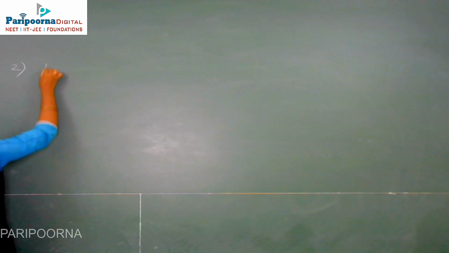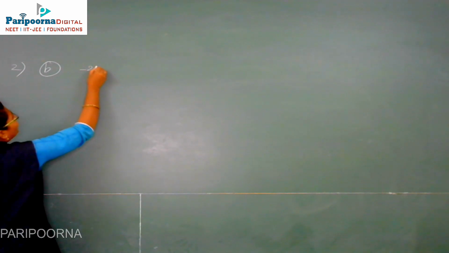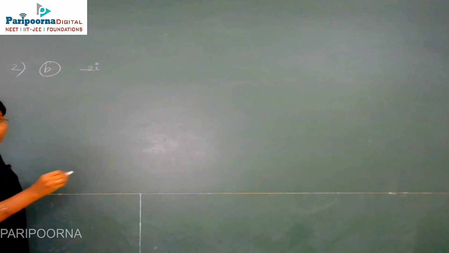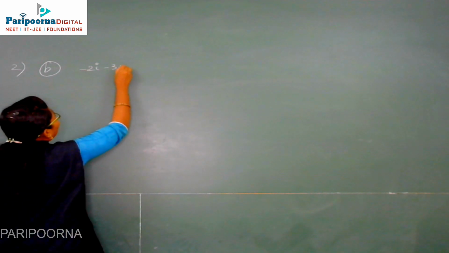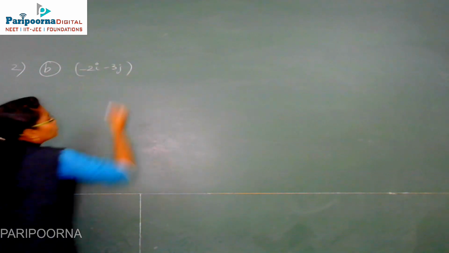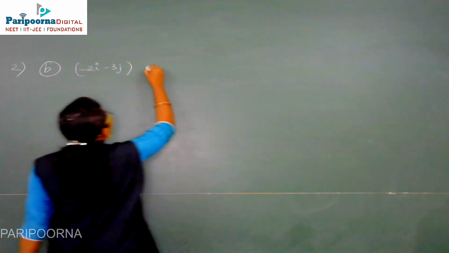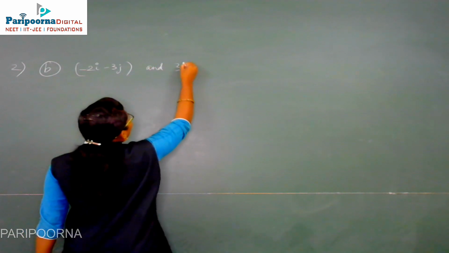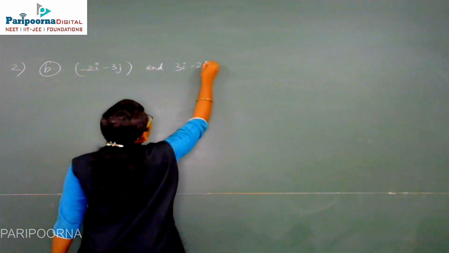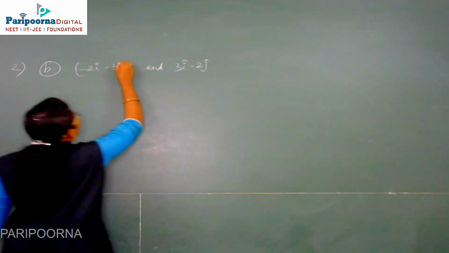So, for this question, let me solve option B. Let me take the combination given in option B, that is minus 2i and minus 3j, this is one set, and the other one is 3i minus 2j.